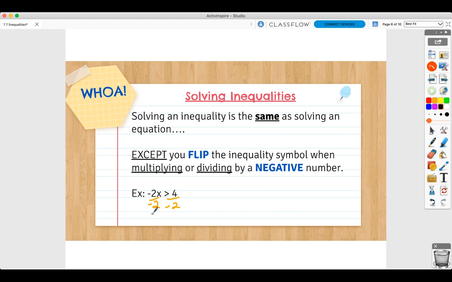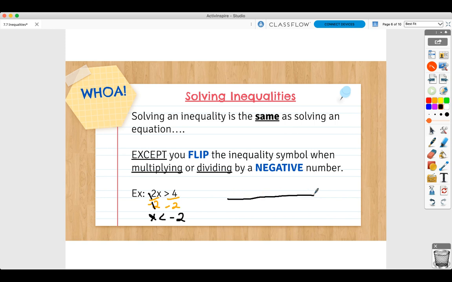So you're going to end up getting x. These would go away. And because you're dividing by a negative, you're flipping the symbol. That's the only decision. It's not every multiplying and dividing. If you're dividing or multiplying by a positive, you keep the symbol the same. But when you're multiplying or dividing by a negative number, you have to flip the symbol.